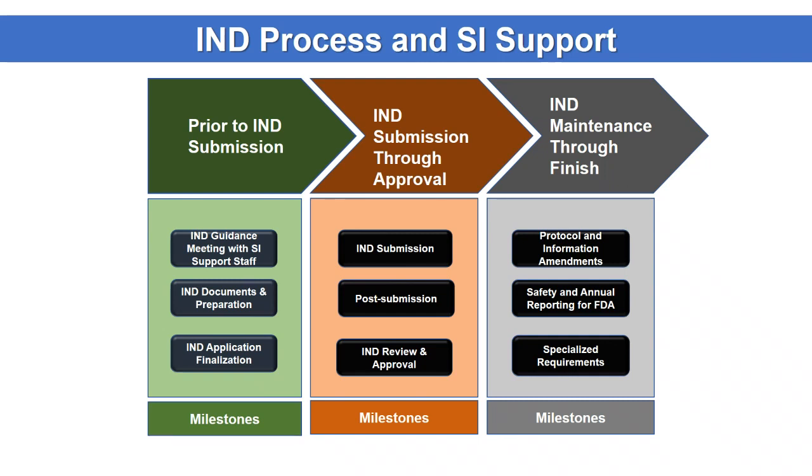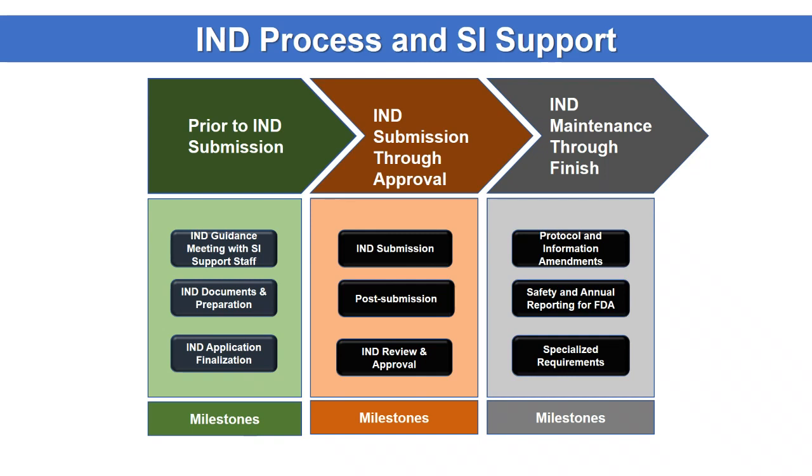So let us see what an IND is. The general definition is that it is a form of federal authorization for sponsor investigators to pursue studies or treatments involving human subjects and drug products. Operationally, there are three distinct phases in the IND life cycle, which correspond to the life cycle of a study.